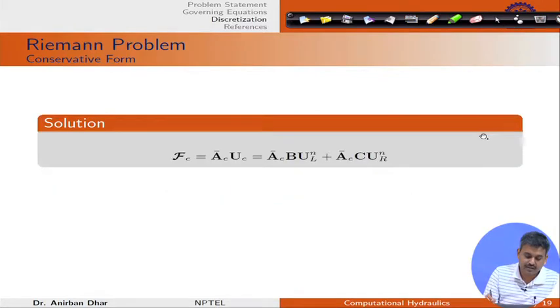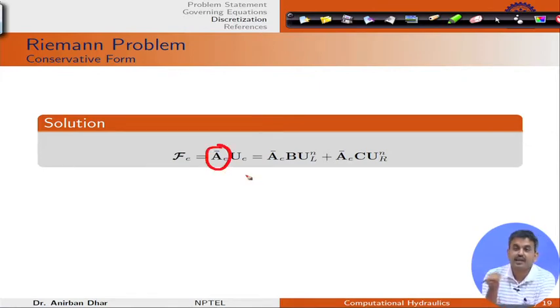With this I can write the general form of the flux. Flux is A E bar at east face. That means A should be calculated at the face itself. That matrix, which is essentially a Jacobian matrix, should be calculated at the face only, and this value is the east face value.